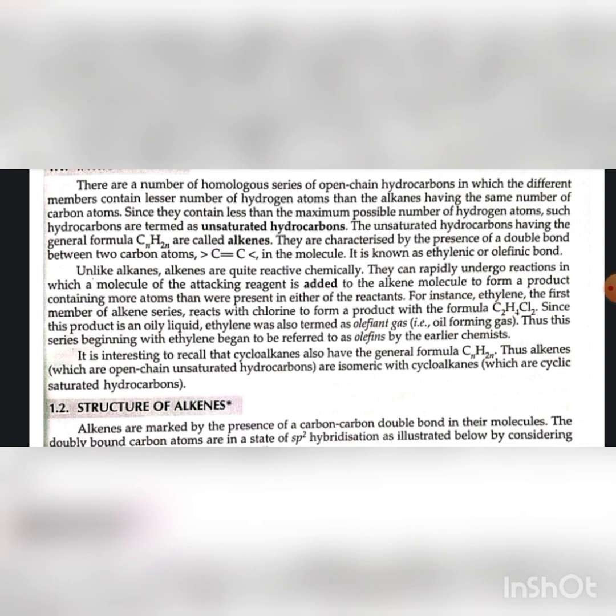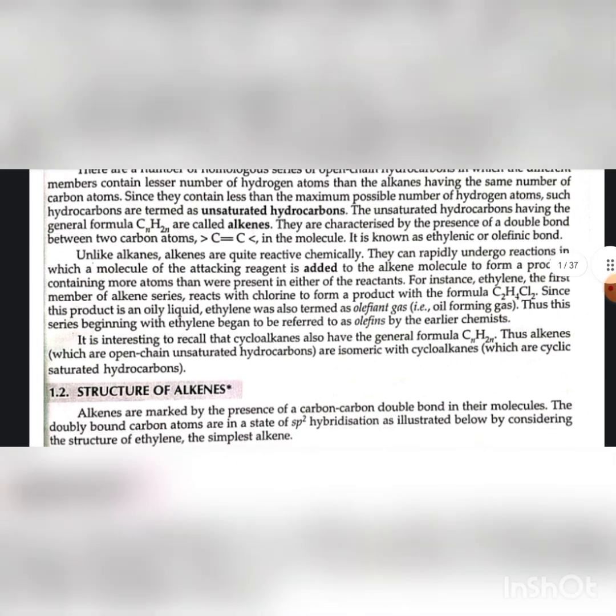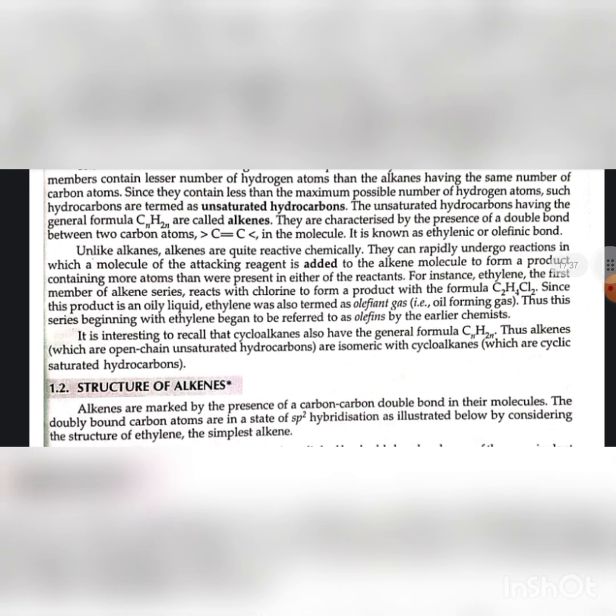For instance, ethylene, the first member of alkene series, reacts with chlorine to form a product with the formula C2H4Cl2. Since this product is an oily liquid, ethylene was also termed as olefiant gas, that is, oil forming gas.